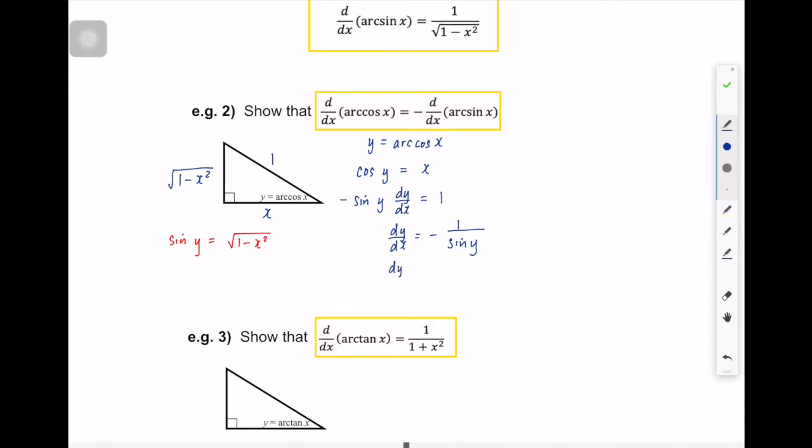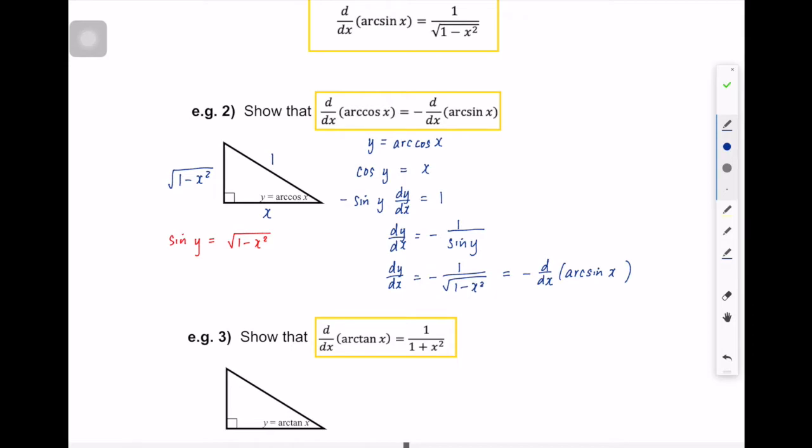Which means dy by dx is negative of 1 over the square root of 1 minus x squared. Look familiar? Indeed, because this is the negative of the derivative of arcsine x. And we have shown what we're required to show.